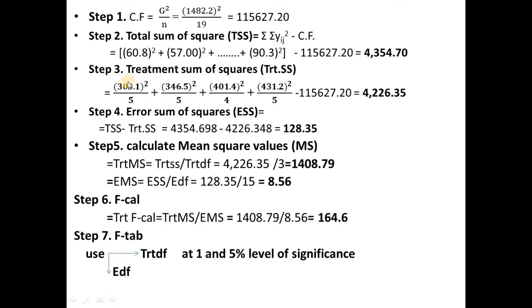That means treatment 1, or feed 1, was replicated 5 times, and the first treatment total is divided by 5, plus the second treatment, which was also replicated 5 times. But in this case, because one observation was missing, the number of replications was 4. Therefore, the third treatment total squared is divided by 4.